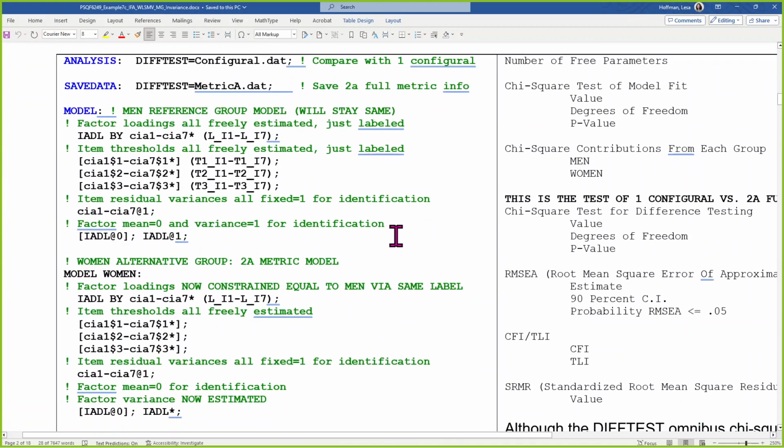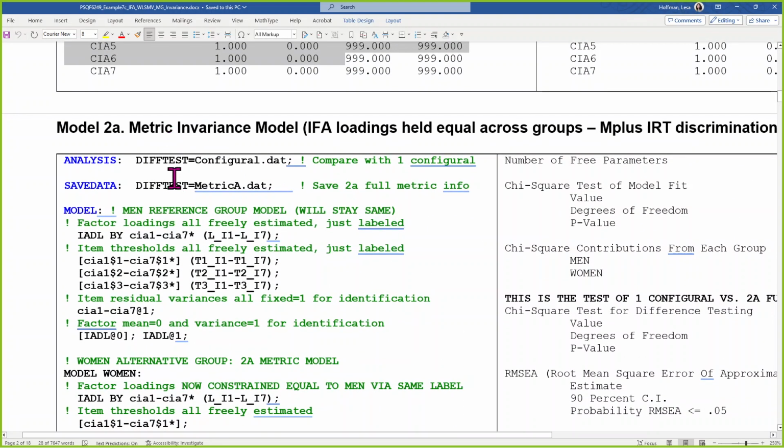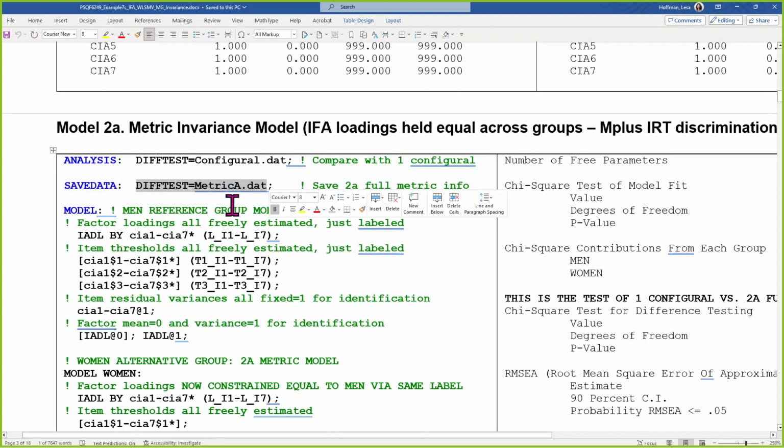Okay, first step then, metric. So at this stage, I am doing 2 things in the code. Everything else is the same except for these 2 lines. So I am saving this model for the next run. I'm calling this metric A, by the way. That's foreshadowing. It's not going to pass.